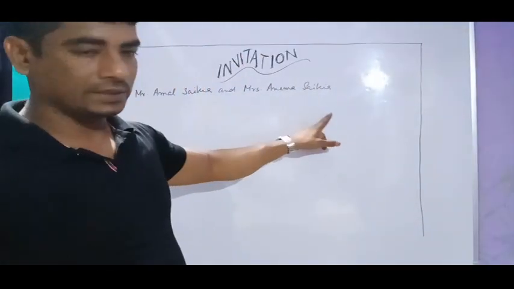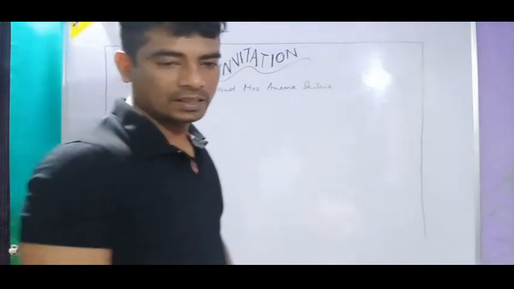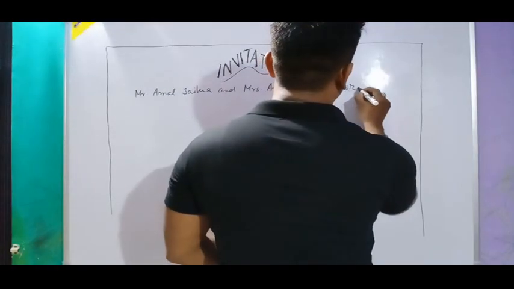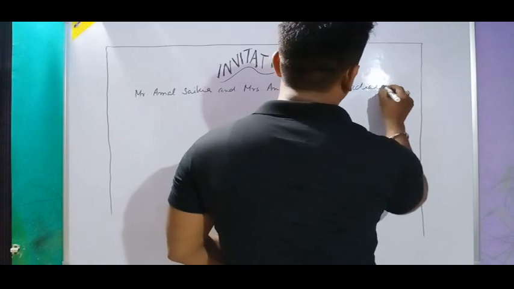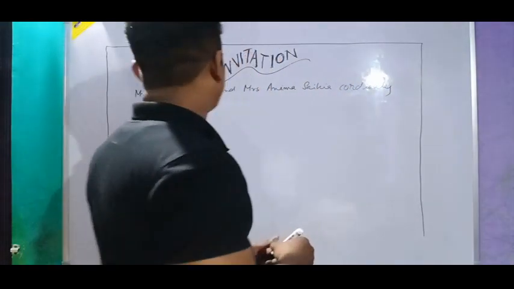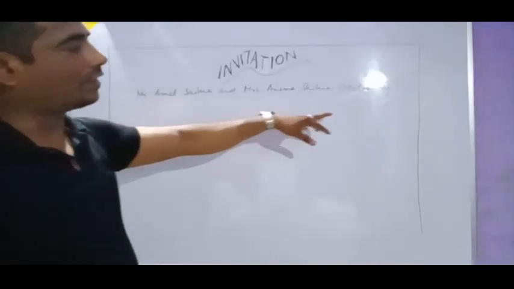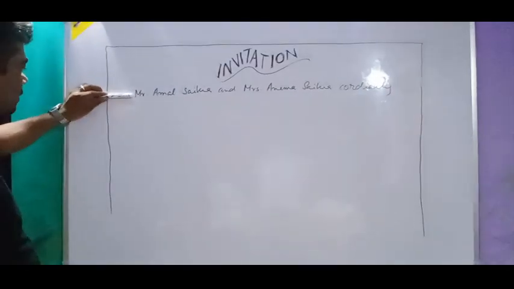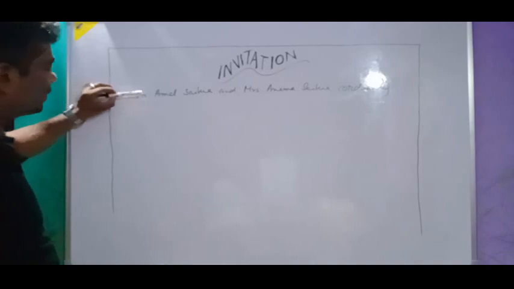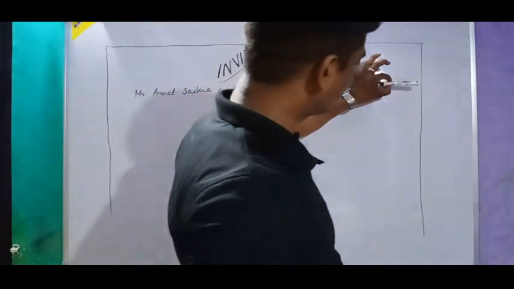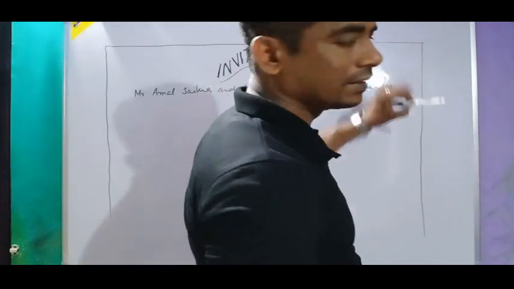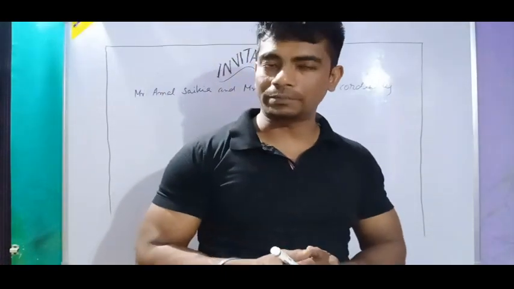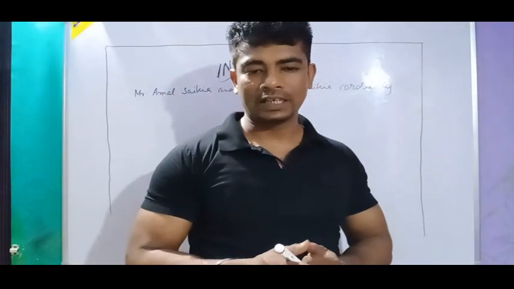Suppose these are the parents. Okay. Then you can write cordially. Now you can see I have ended the word cordially here and it is in the middle position of the boundaries. You can take a measurement, exactly this much. That's why I told you that you need a little bit of practice for this.